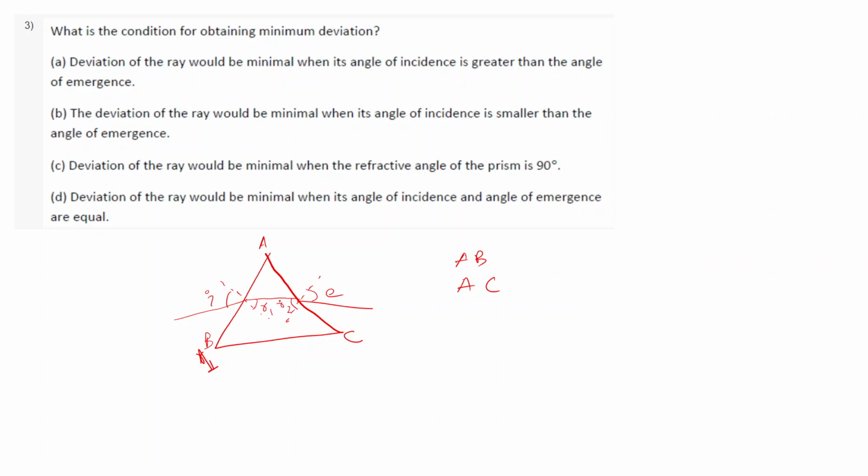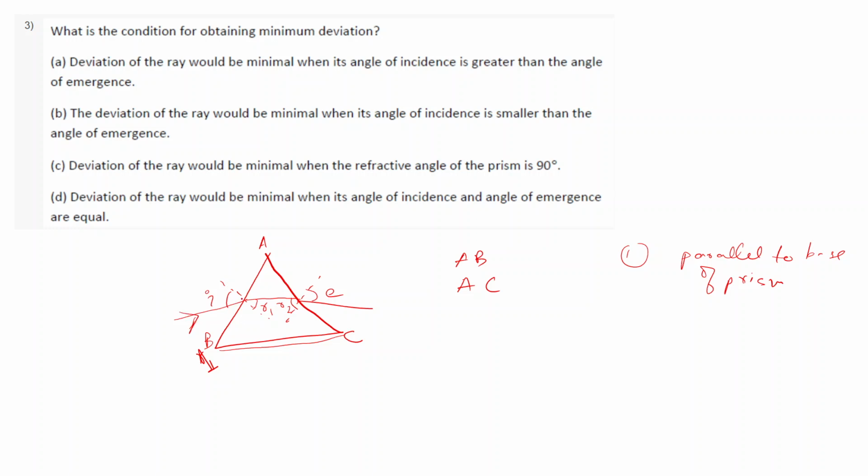So when this line passing through the prism becomes parallel to the base of the prism, which is BC, in that particular condition, when this ray of light becomes parallel to the base of the prism, that time we say that the incident light will be deviated minimum.